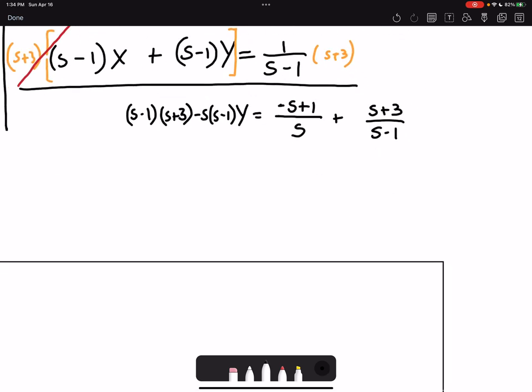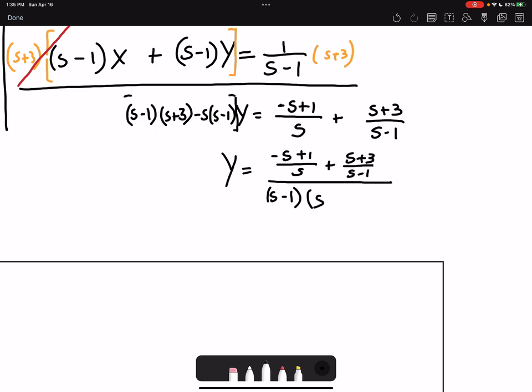Now that we have this, we get the big Y is going to be equal to negative s plus 1 over s plus s plus 3 over s minus 1, all of it divided by s minus 1 times s, times s plus 3 minus s times s minus 1. I don't need that bracket anymore.